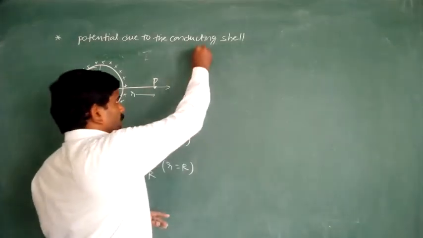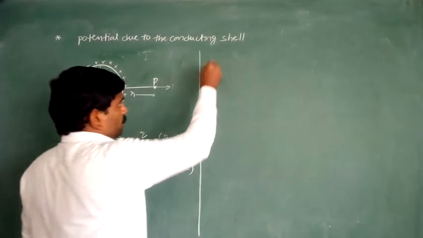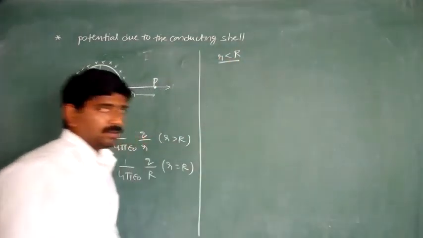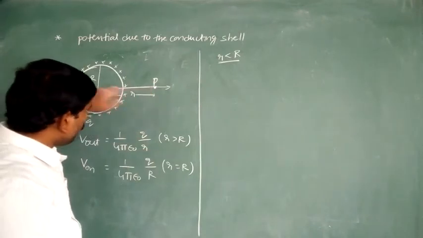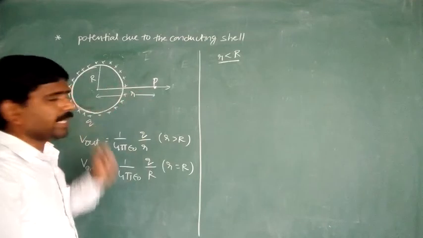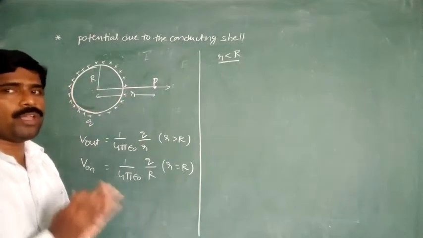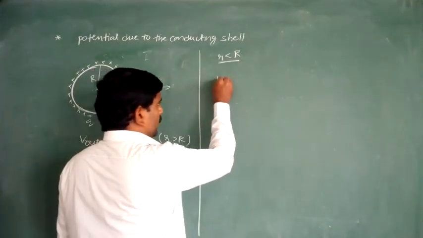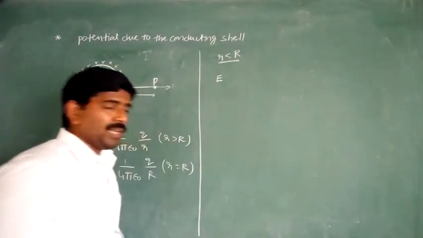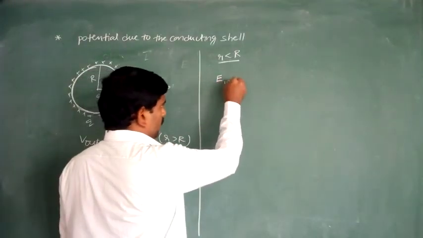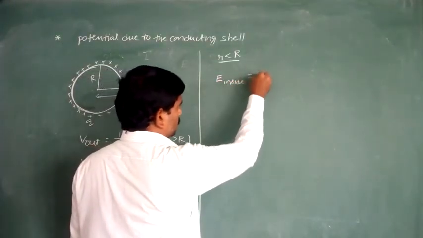So the third case: if small r value is below capital R, meaning this point P is inside of the shell, then how do we find the electric potential? So observe, in the case of electric field intensity, E inside of the shell is equal to 0.